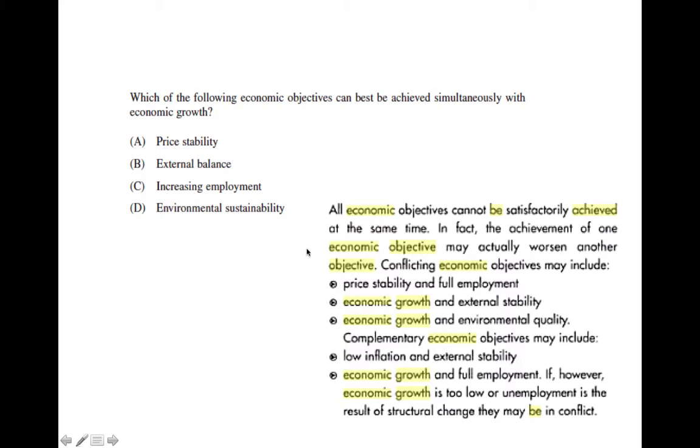Okay, so the only thing that we can see that is complementary is increasing employment. All right, and it says it just here. Complementary economic objectives may include low inflation and external stability, economic growth, and full employment. All right, so the only thing that's complementary with economic growth in our list of options is C, increasing employment.